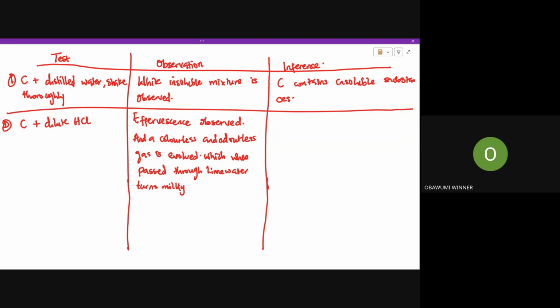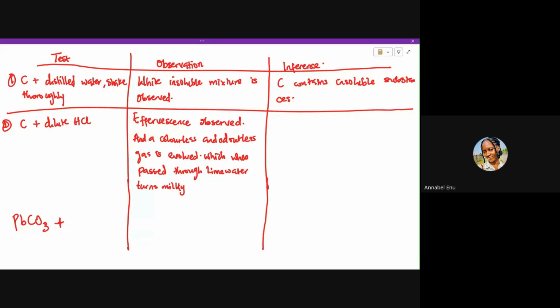Hydrogen ion. Okay, that's a good try. But this is why it is not hydrogen ion. We're dealing with lead 2 carbonate here.